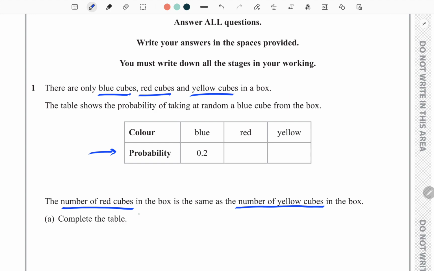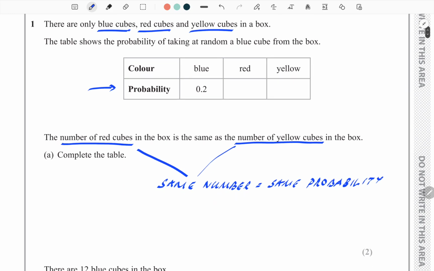If you have the same number, it means that they have the same probability. So equal probability. And the other rule that we need to remember is that when you have different events, the probabilities of all the different results must add up to 1.